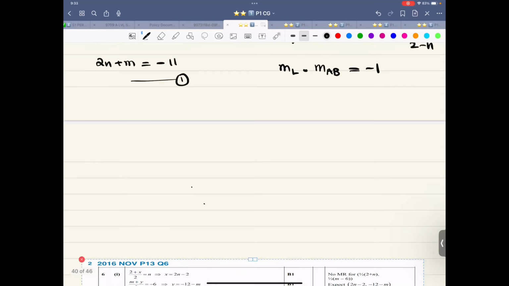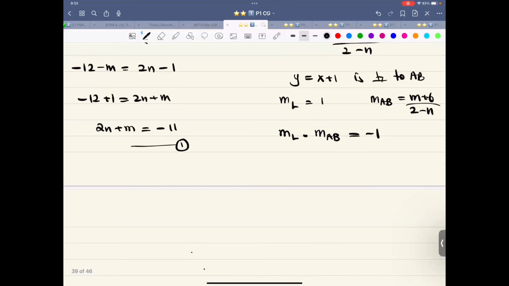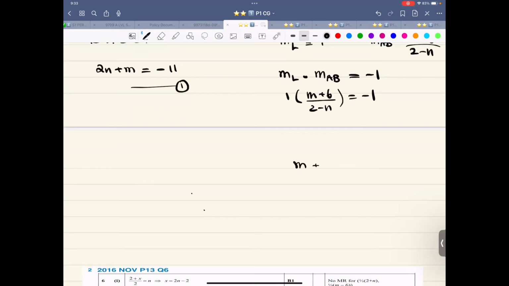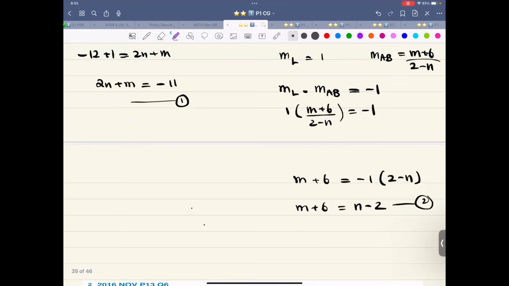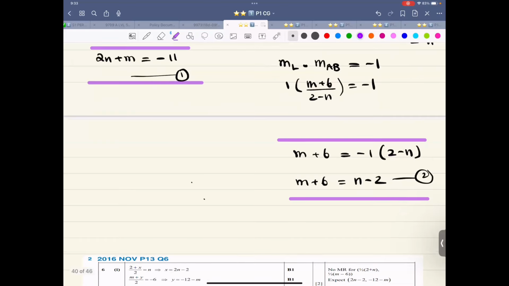Therefore, 1 times (m plus 6) over (2 minus n) is equal to negative 1. So m plus 6 is negative 1 times (2 minus n). M plus 6 is n minus 2. That is equation 2. So this is equation 1, this is equation 2, and then we solve it simultaneously.